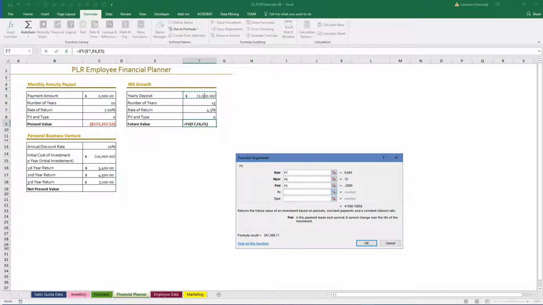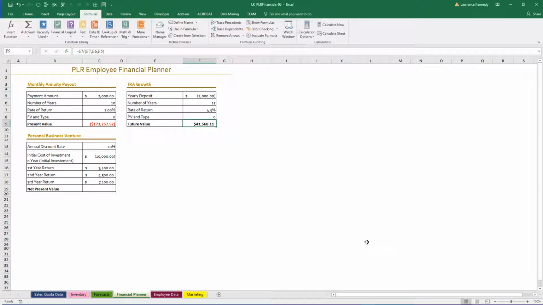Okay, are you following along? And of course, you put this as a negative amount because you are paying out. This is how much you're actually paying out on a yearly basis. Okay, so you can skip the future value box. You really don't need it. And in the type box, you can just leave this empty as well.